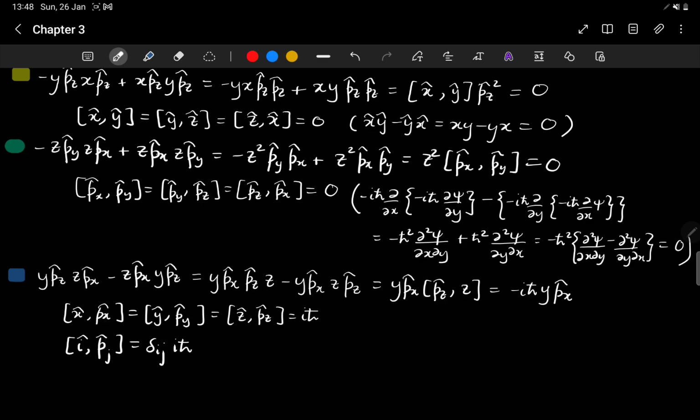And just to show you an example, let us look at this first x px commutator. So again we have x, then px commutator is minus iħ ∂/∂x, and this is, let's say, operating on some state psi. Then we have px operating on x and then the state psi.